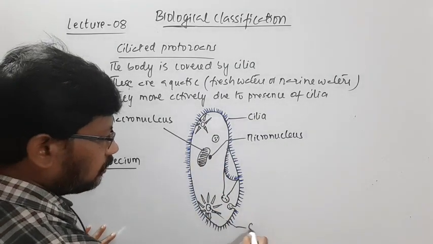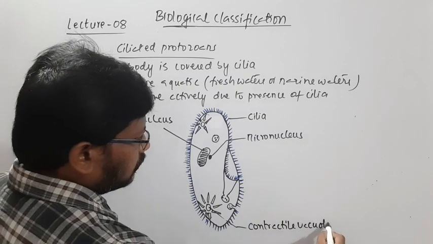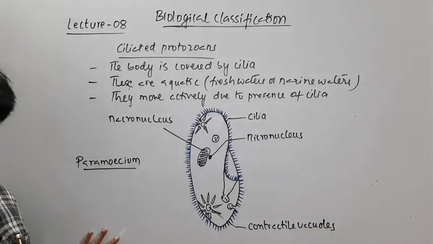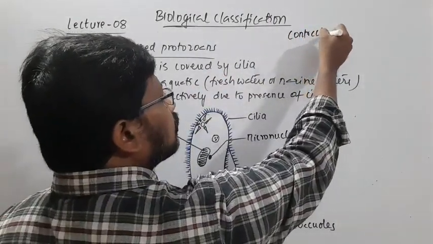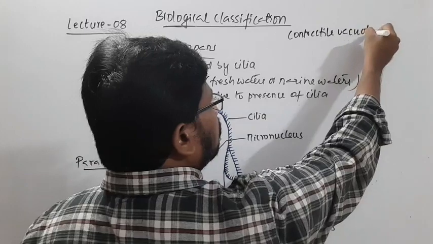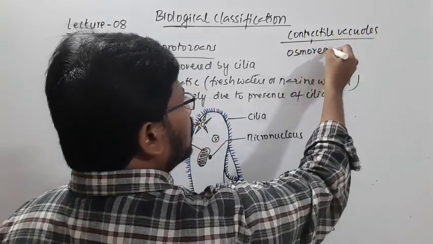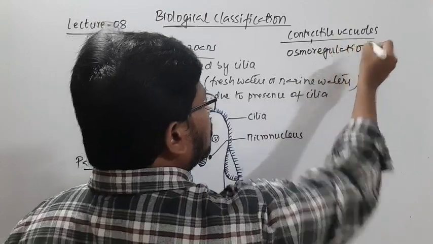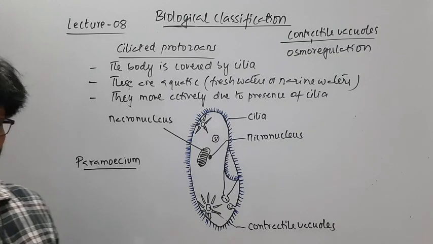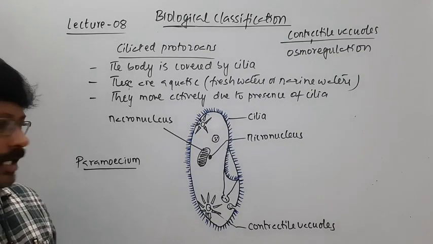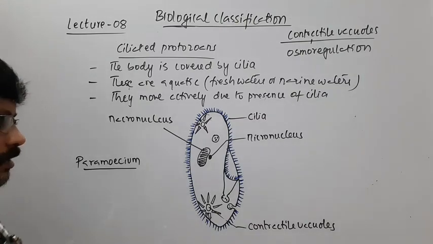These are called contractile vacuoles. They play an important role in osmoregulation, which is maintenance of water balance in the body. Excess water will be collected by these contractile vacuoles and released to the outside.